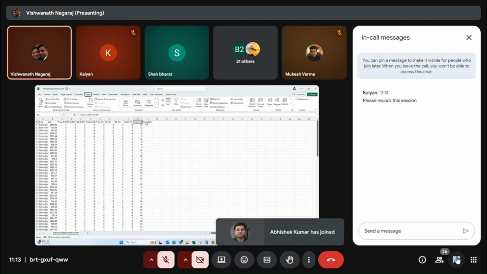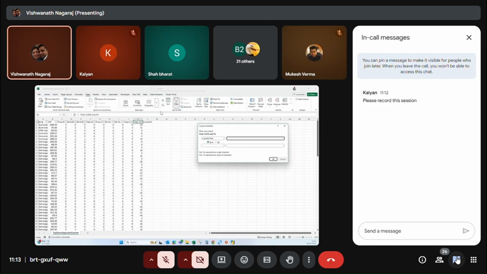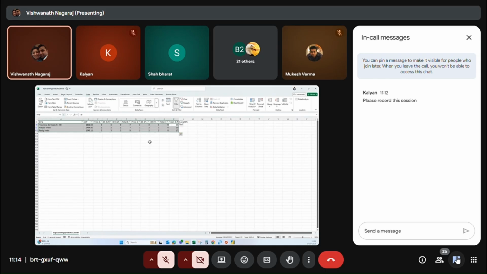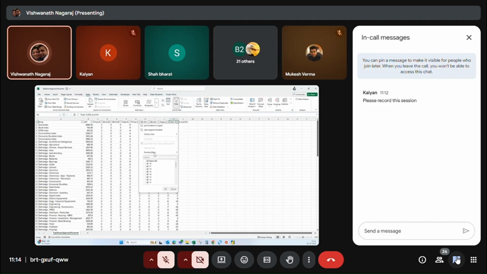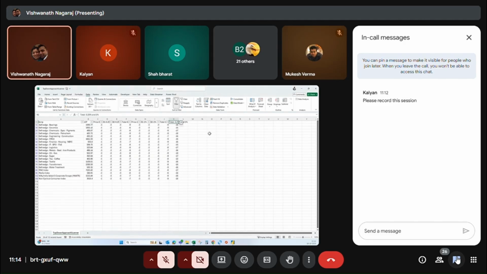Right. Greater than or equal to 15, I have 3, and less than or equal to minus 15.